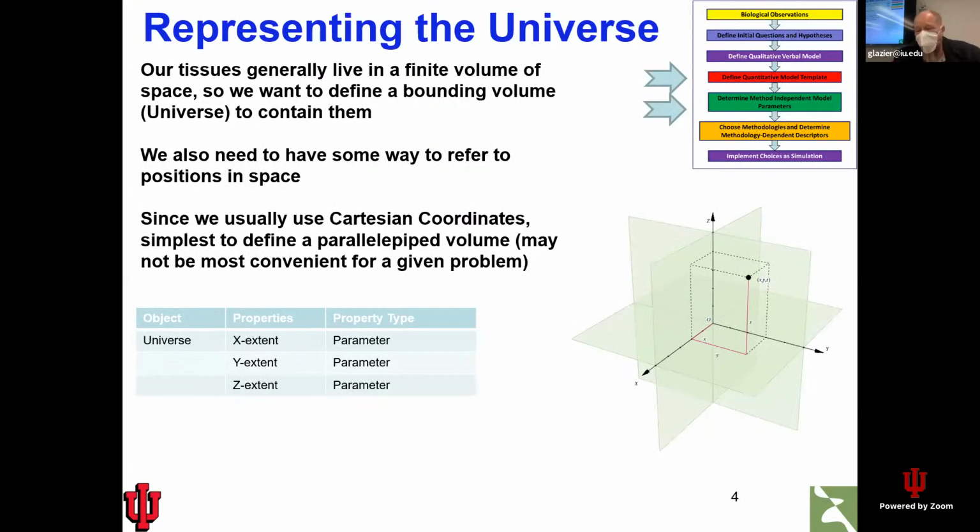Okay, so last time we talked about how the universe is represented inside of CompuCell. The key thing that we have to remember is that there is a lattice, and that lattice represents the universe that our cells and eventually our chemical fields will live in. We typically use a simple rectilinear Cartesian coordinate system.